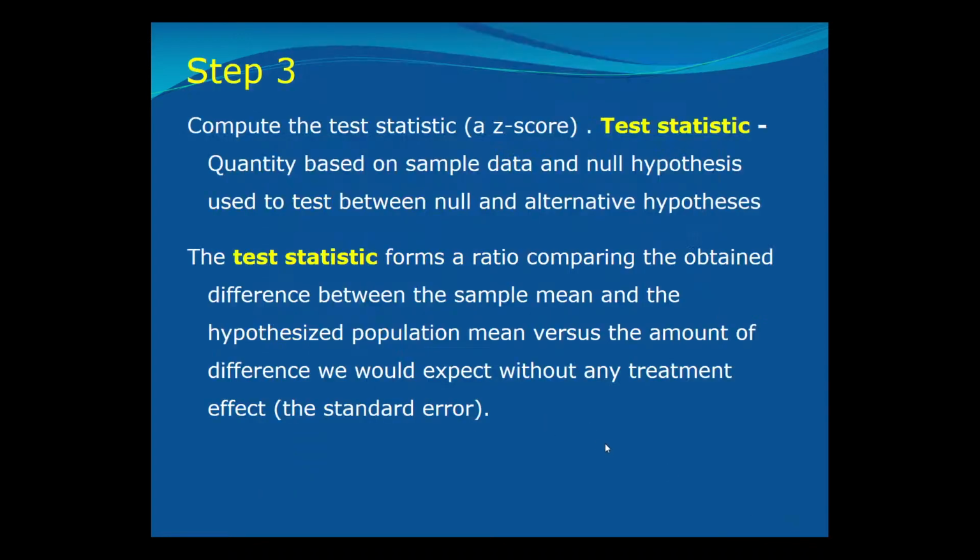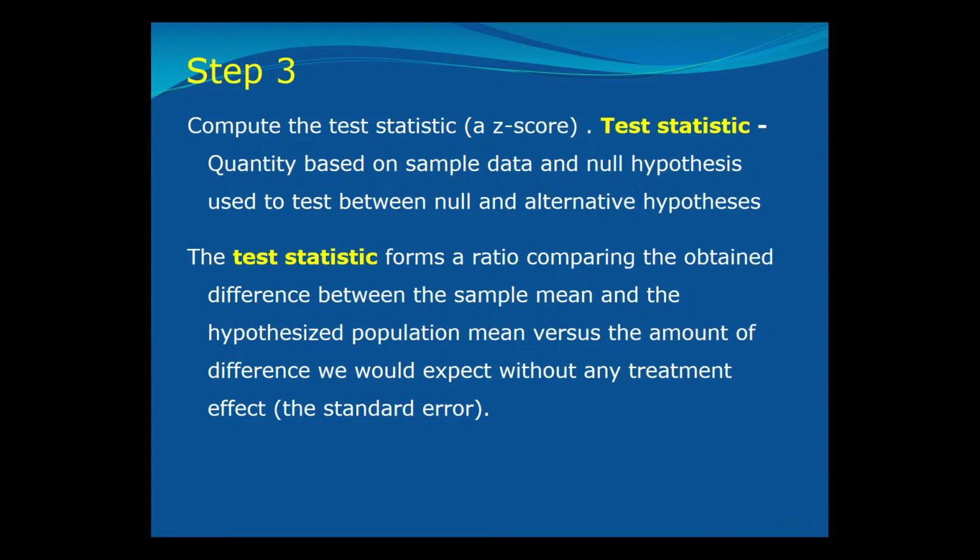Then, after we construct the rejection region, we need to calculate the test statistic, the so-called z-score. The test statistic is a quantity based on sample data and the null hypothesis used to test between the null and alternative hypothesis.